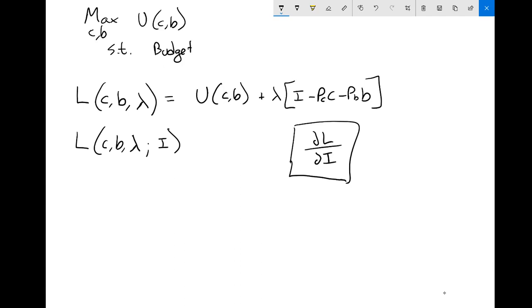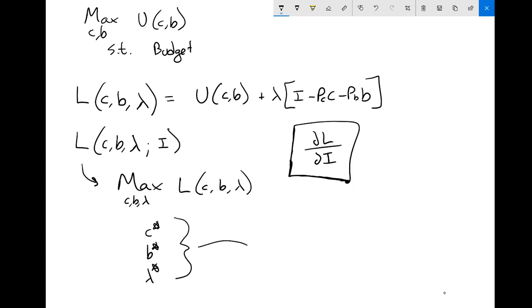Okay, if I wanted to know this at the optimal, that means I would need to, again, maximize this Lagrangian, right? Find my optimal values, and then take these optimal values and plug them back into the Lagrangian.